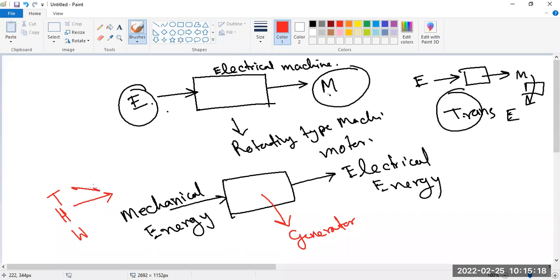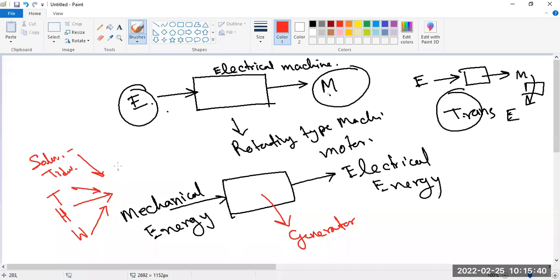And there are so many other forms, conventional and non-conventional. Conventional means solar, etc., and some tidal.